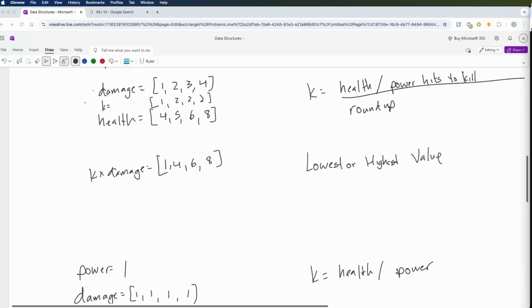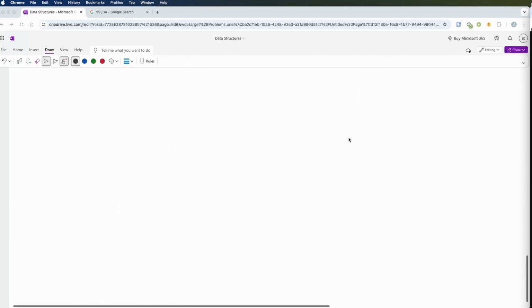So what we're getting is this case. We have 51 divided by 2 equals 26.